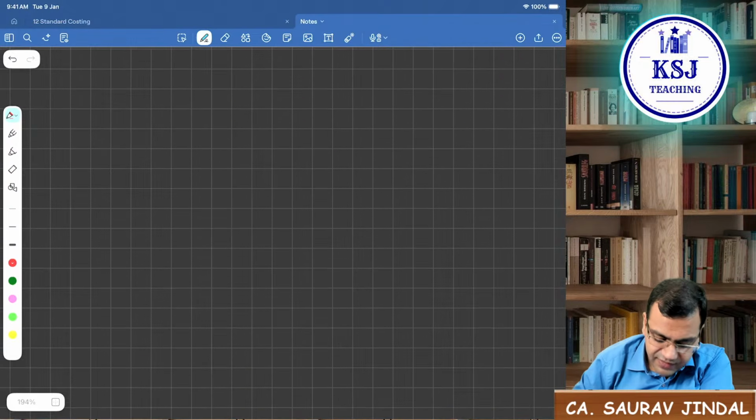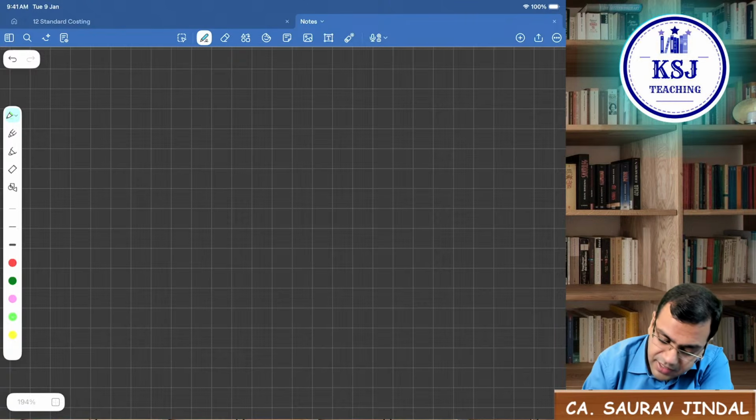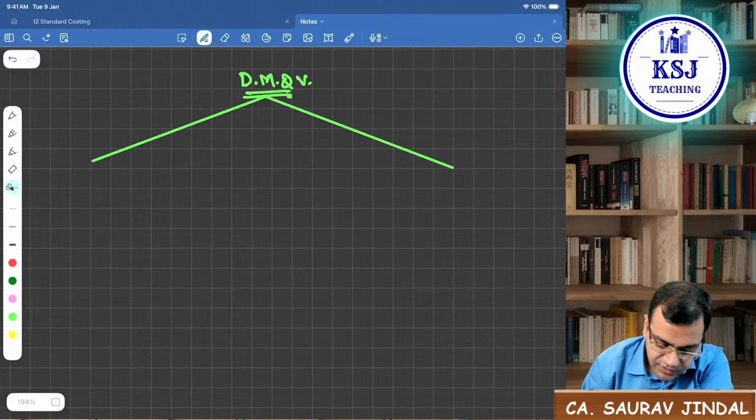But those sub-variances are applicable only if two or more than two raw materials are being used. Right? When I talk about direct material quantity or usage variance, I have two sub-variances.